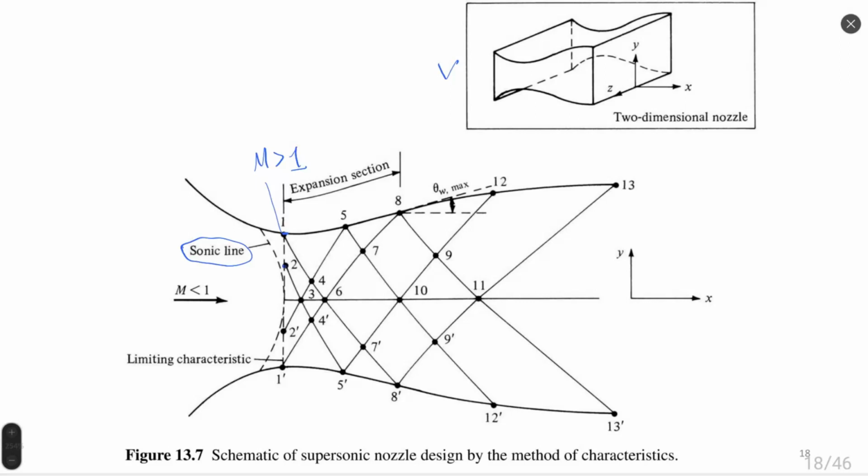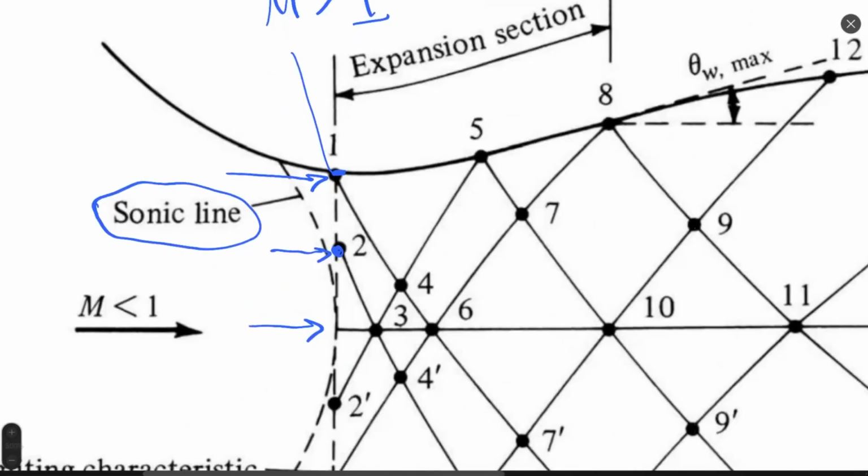At point 2, we also need to know overall flow properties: theta, the direction of flow, and the Mach number. We can also assume, in most cases, that direction of flow at point 2 has zero inclination. It's parallel. On the axis, of course, theta is 0. On the wall, theta is also 0. So it would be obvious to assume that between these 2 points, flow direction would also be horizontal.